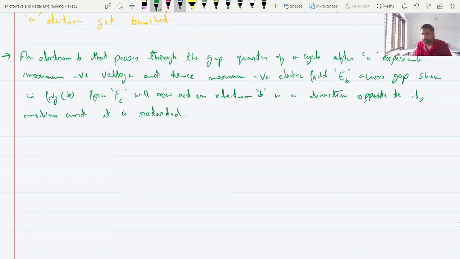So the velocity of electron B will now be V less than V0.